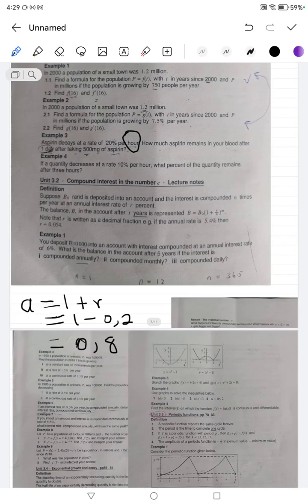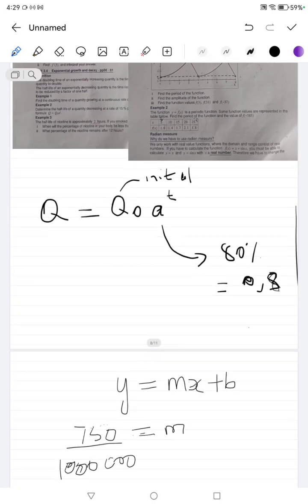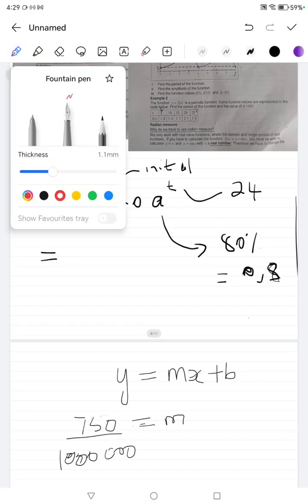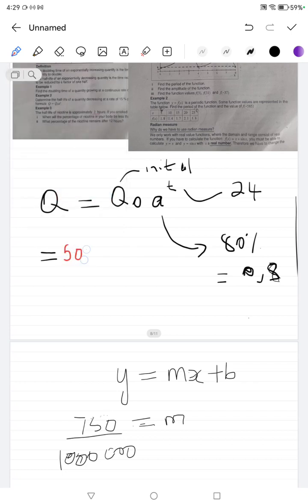What's 1 day in terms of hours? It's 24. So our T is going to be 24 hours. Then our initial quantity, it's given, is 500.